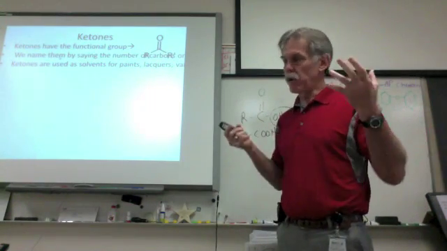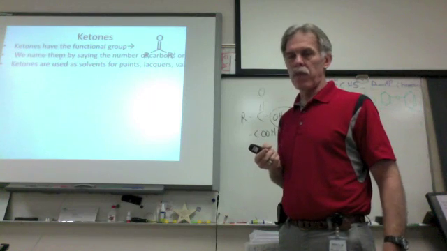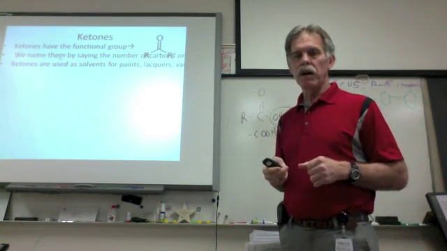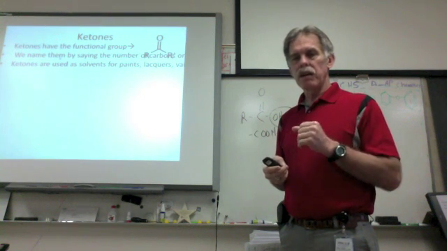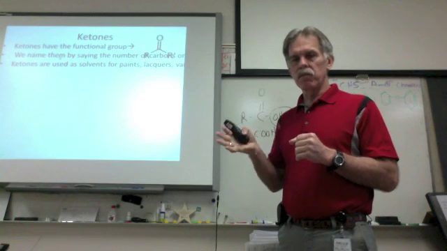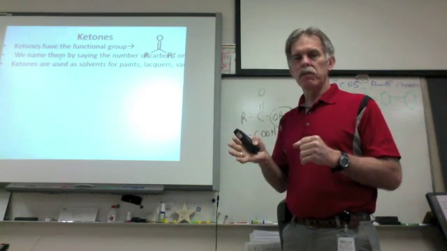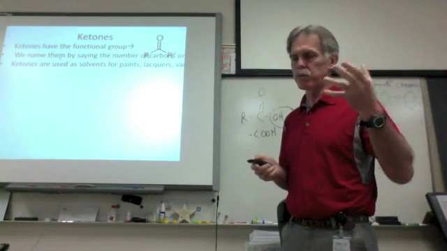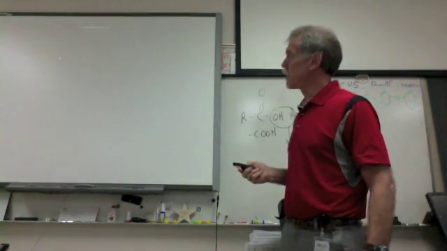And again, we could have 2-methyl-3-hexanone, and that tells you that one carbon over from the carbonyl, you have a methyl group. So the groups are numbered and named just the same way.